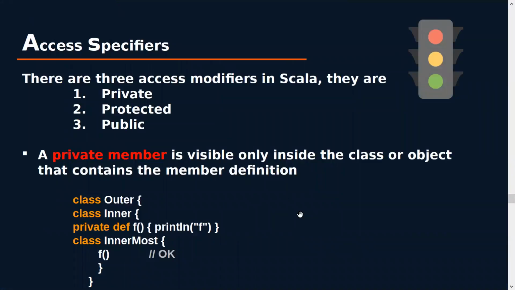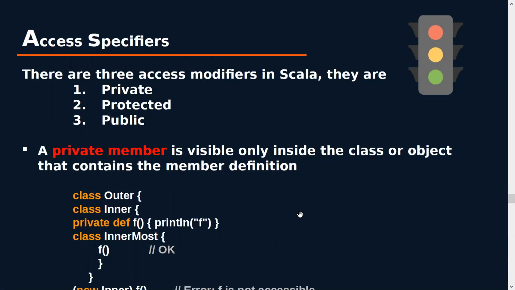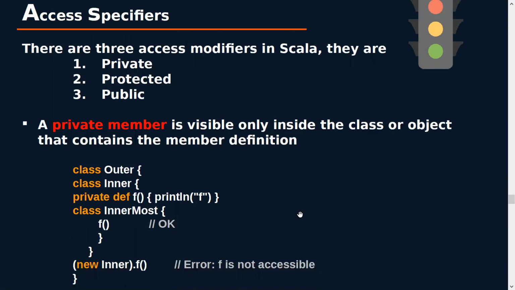Okay. So next, moving on to the access specifiers. Same as in Java, you have mainly three types here. The default type that is present in Java, I'm not going to talk about here, Raj. Only these three: private, protected, and public.